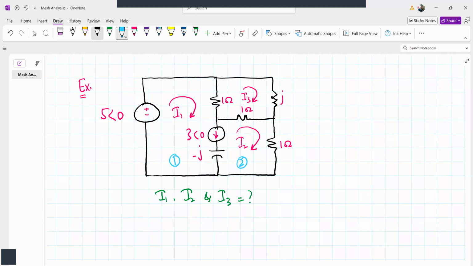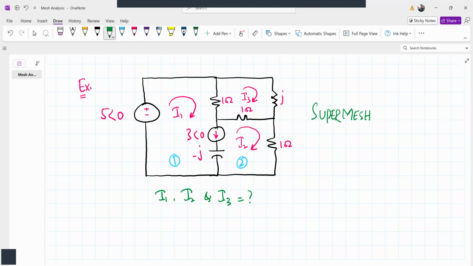In order to solve this problem, we introduce the concept of super mesh. What's a super mesh? Super mesh is a combination of two or more meshes.